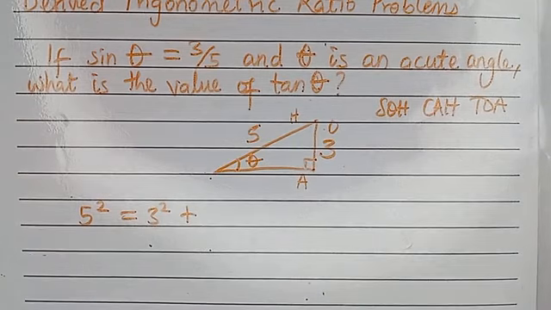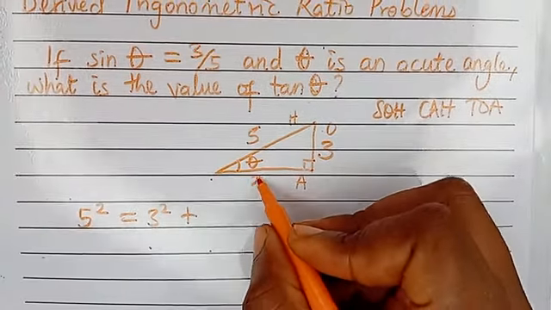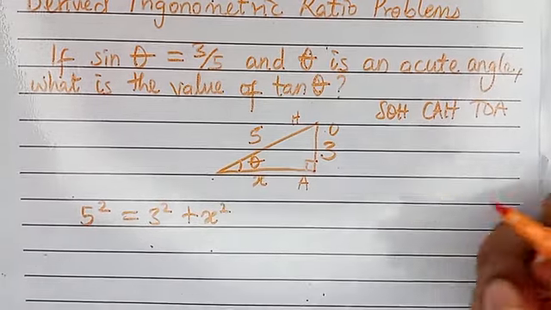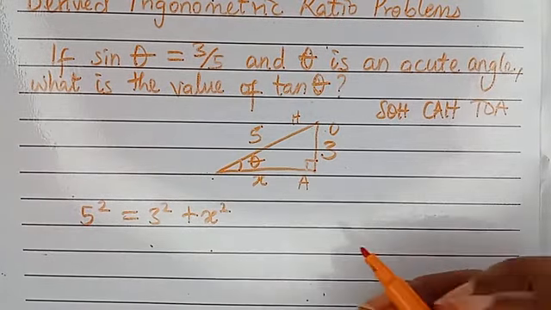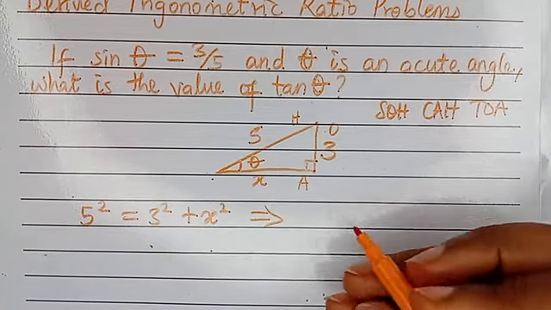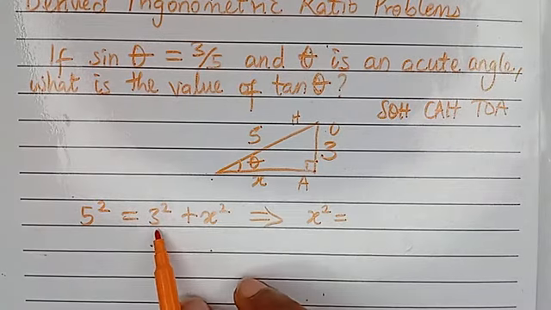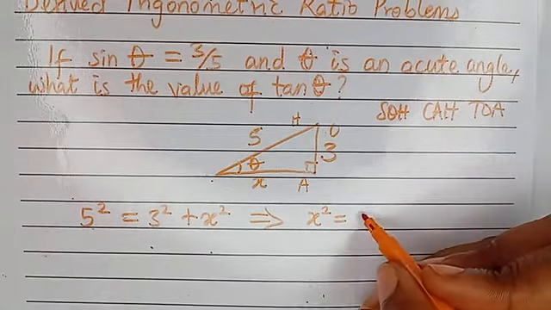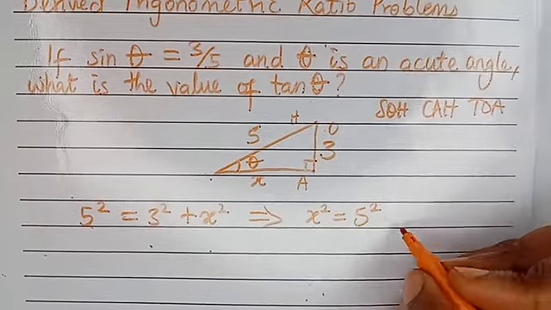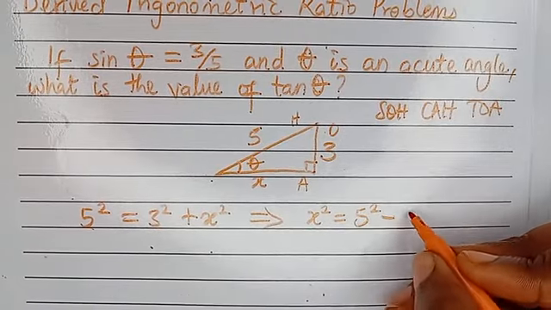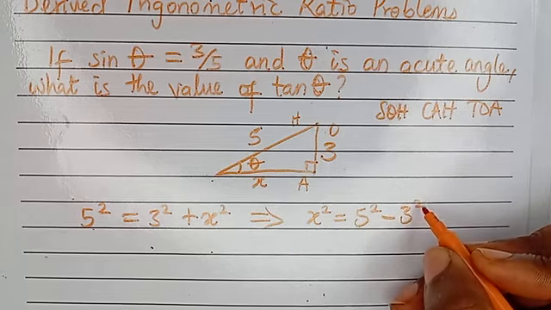Let me call the adjacent x. So x squared. To make x the subject of the formula, x squared is equal to 5 squared, then 3 squared moves over to become minus 3 squared.